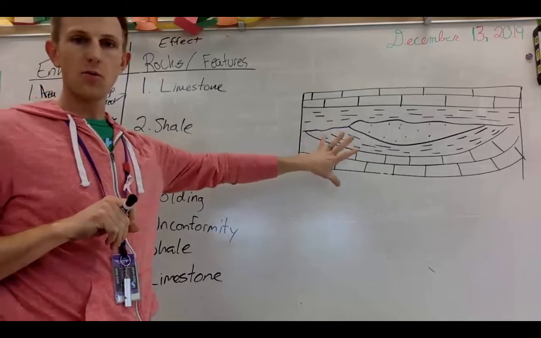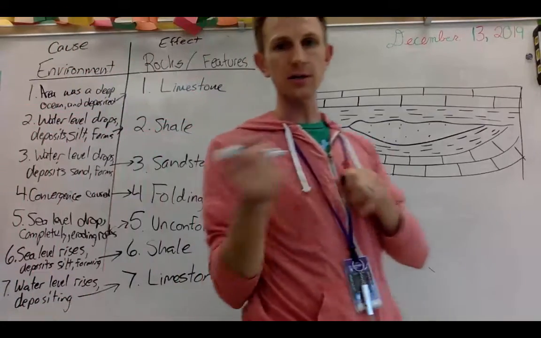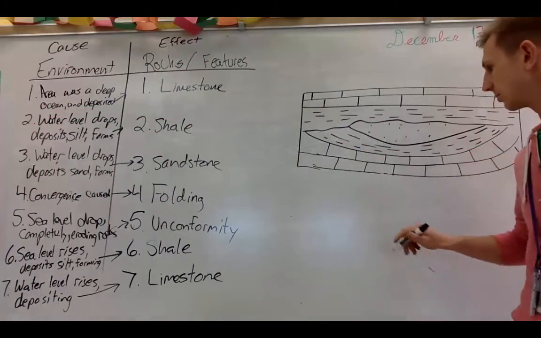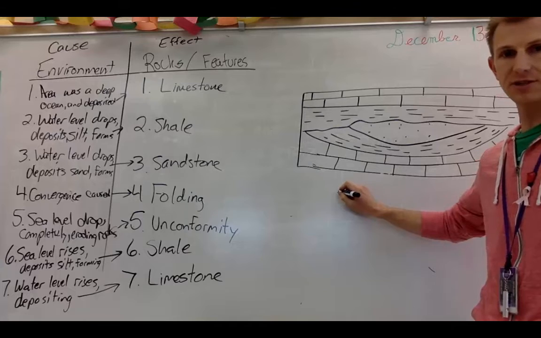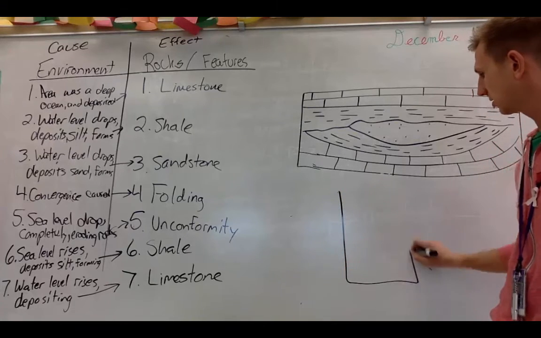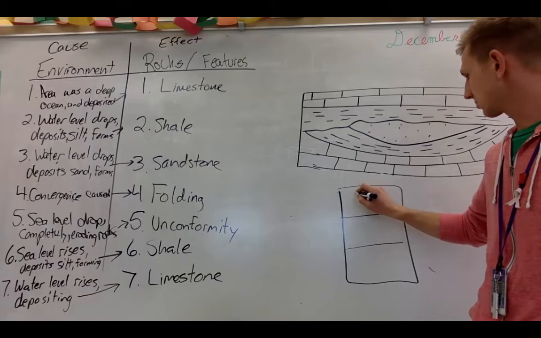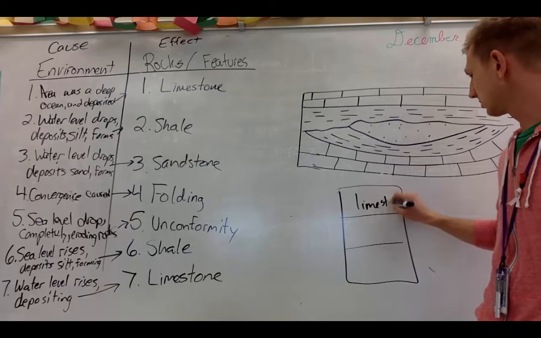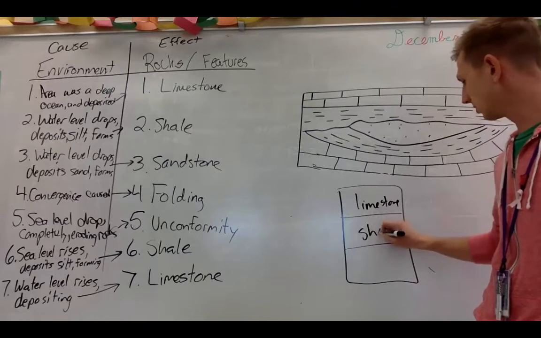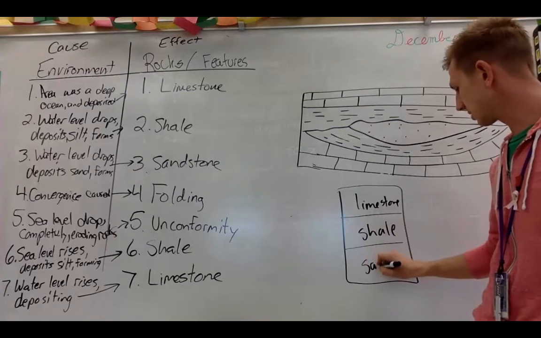Now, why does this become important? I'll give you guys a clue on why it might be important. If I had a totally different set of rock layers, okay, and let's say this one is limestone, this one's shale, and this one's sandstone.